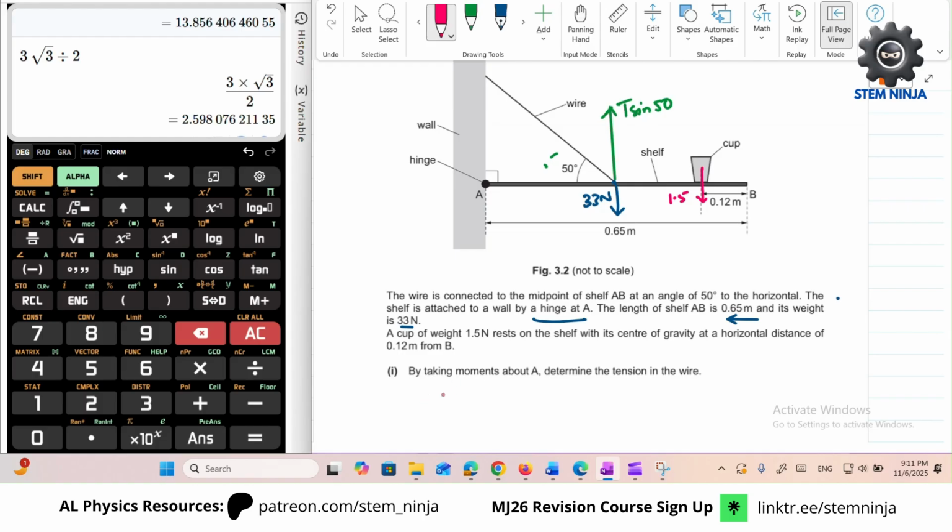So moments about A, and this is at rest, so the sum of anti-clockwise moments is equal to the sum of clockwise moments.